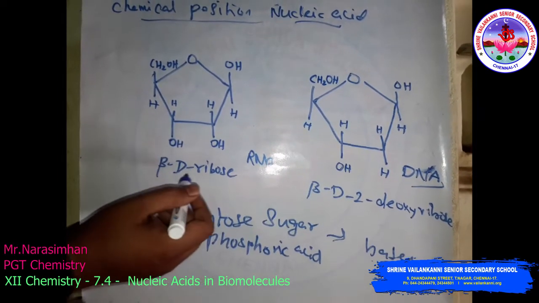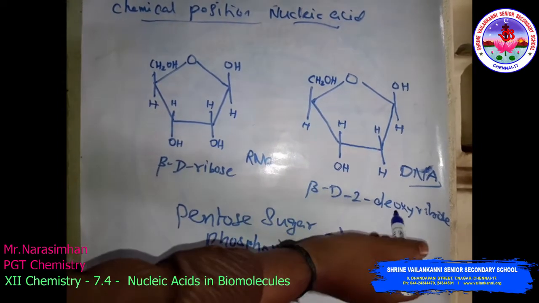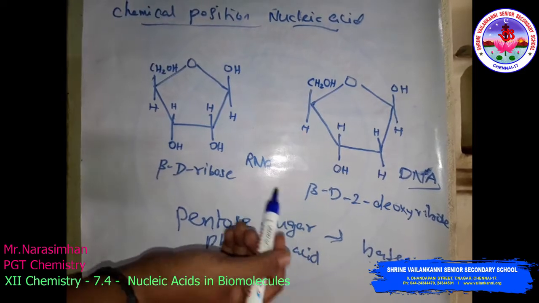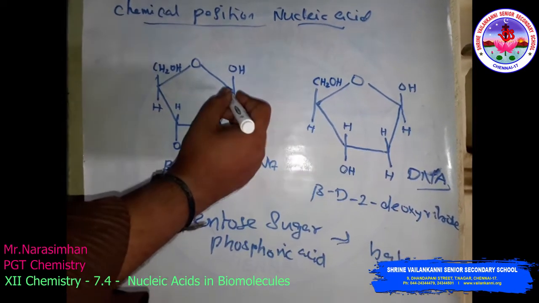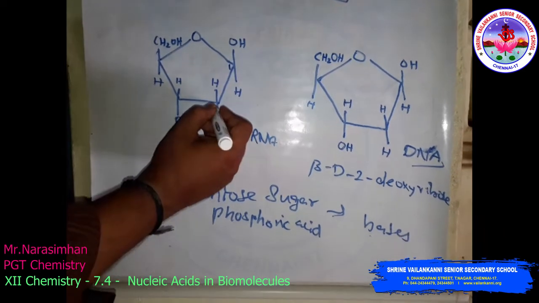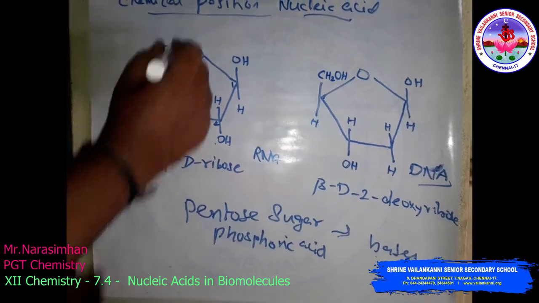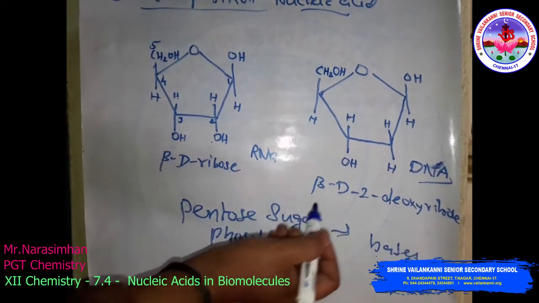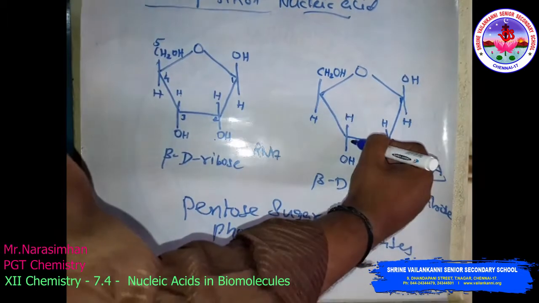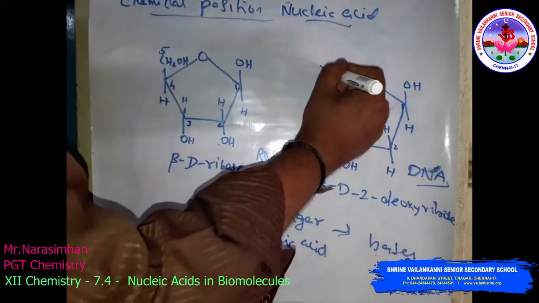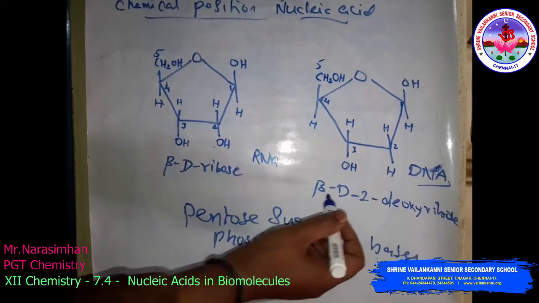Why is this beta-D-ribose and why is this beta-D-2-deoxyribose? Look at this: we can number the carbons here. This is the first carbon, second, third, fourth and fifth. Here also 1, 2, 3, 4 and 5.